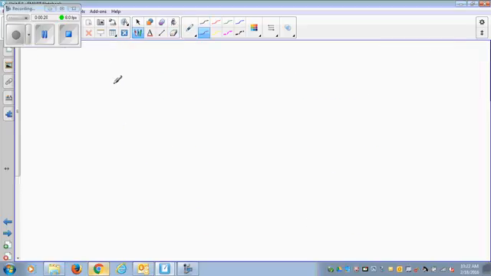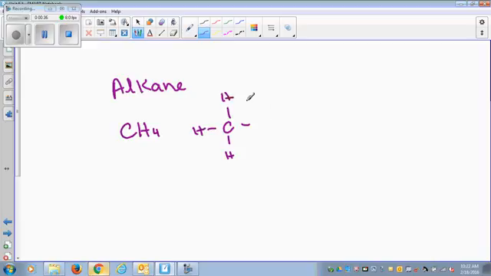So in unit 5 we talked about alkanes. CH4 was the basic one, so you have 4 single bonds of carbon with hydrogen. If you have 2 carbon atoms, you still have all single bonds, and each carbon is making 4 bonds with hydrogen.